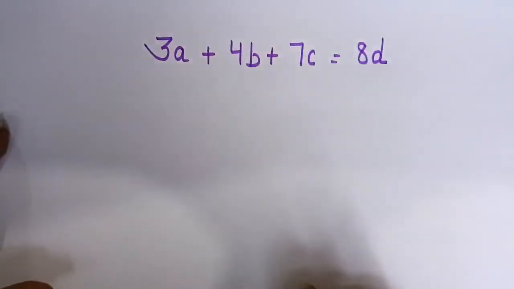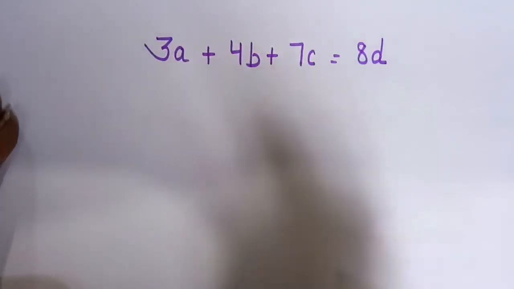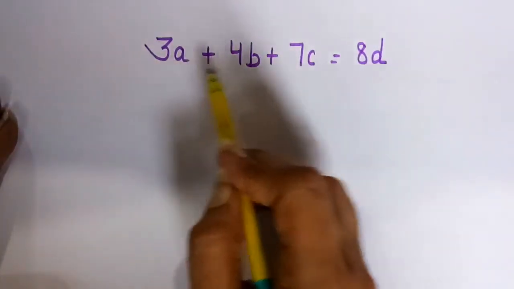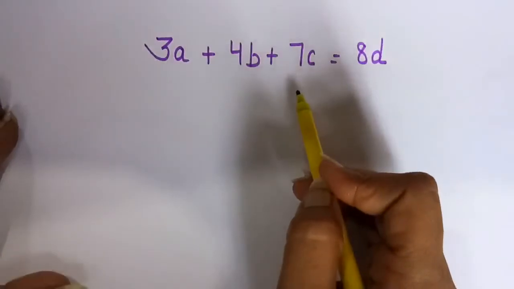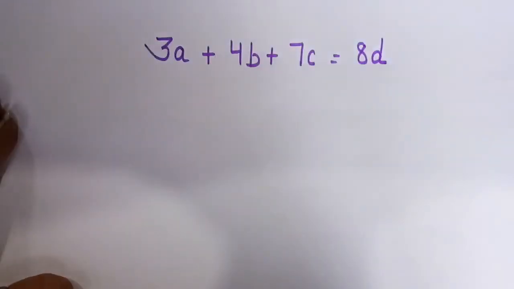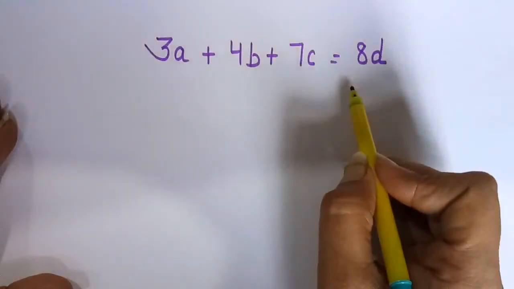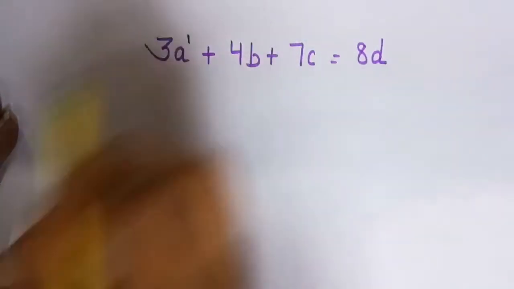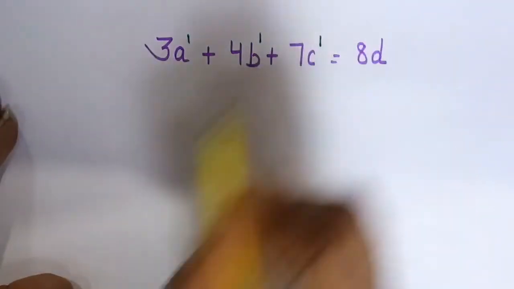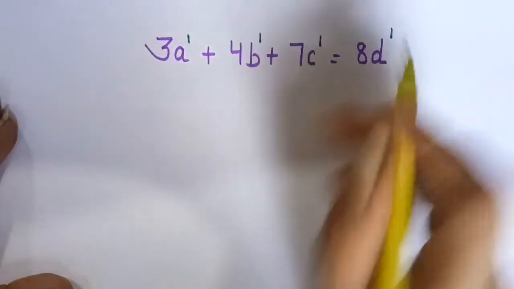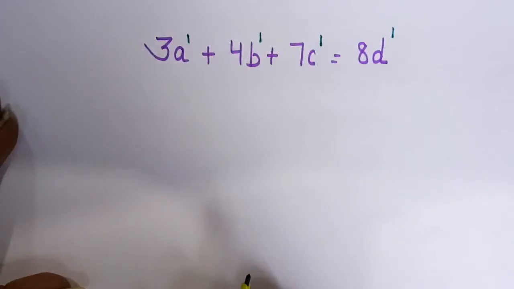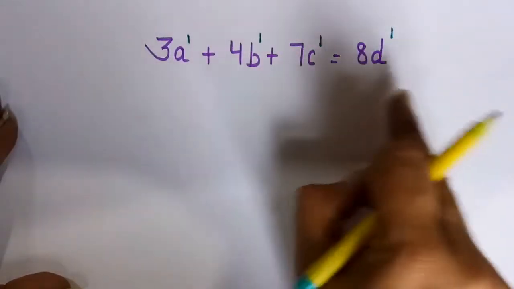Now let me give you one last example. 3a plus 4b plus 7c is equal to 8d. Can you guess the highest power? I hope you can. There are 4 terms in this equation. The highest power of a is 1, power of b 1, power of c 1, power of d 1. So the power of each variable is 1.